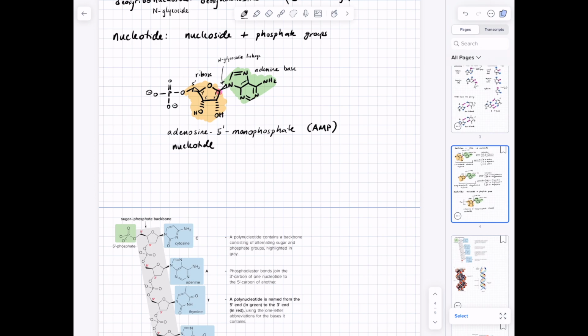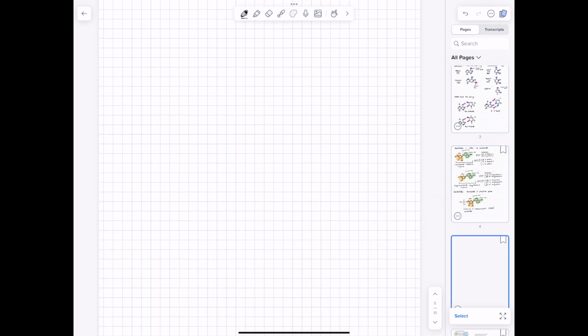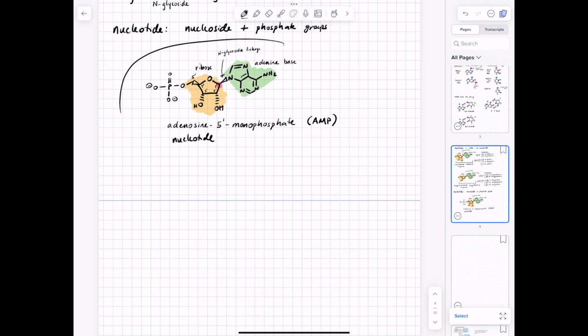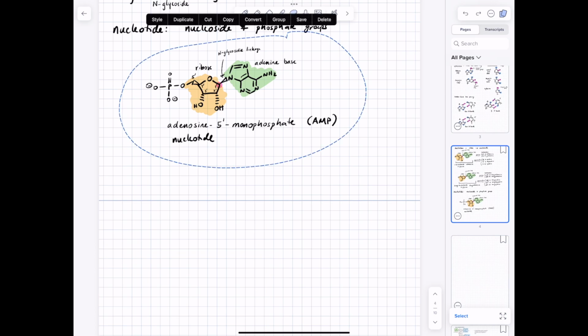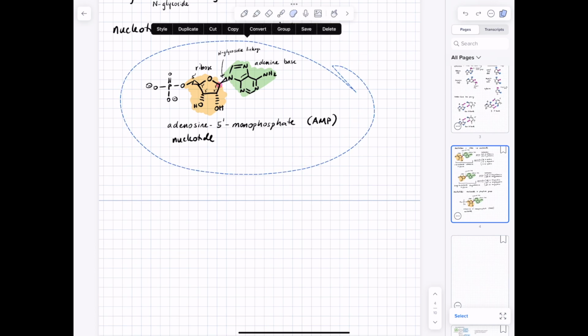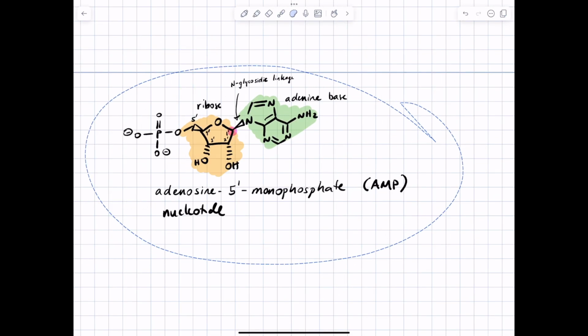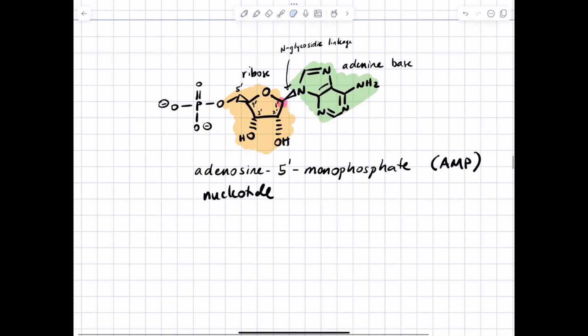Of course, we could continue on adding additional phosphate groups, and we'll start to get some molecules that you are maybe somewhat familiar with. For example, if we modify that phosphate on adenosine monophosphate with another phosphate group to make a phosphoanhydride linkage, this then becomes adenosine diphosphate, or ADP.